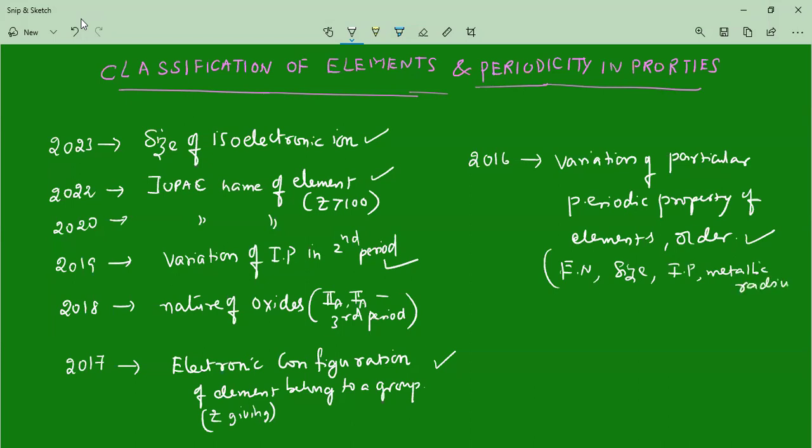Size and metallic radius are similar, but in this 2016 question they specially discussed metallic radius.